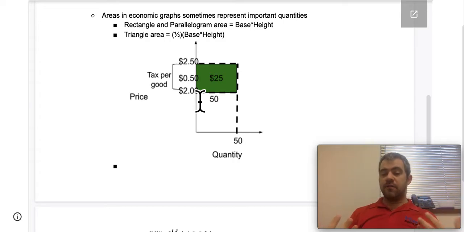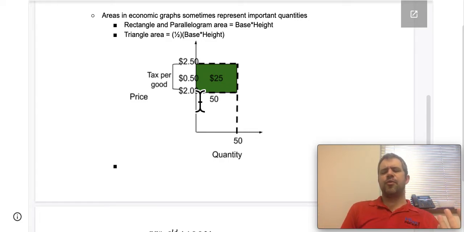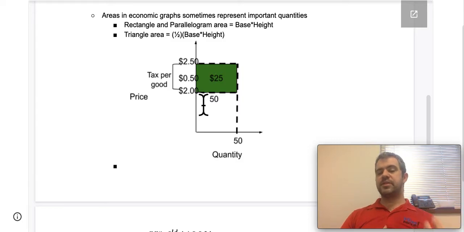We can see all of these things visually so we can understand it better than if we were just looking at a bunch of numbers trying to understand what's going on. So this is going to happen a lot in econ, where different areas on the graph represent different things, and as they grow and as they shrink, we can see visually what the impact of some of these policies will be.